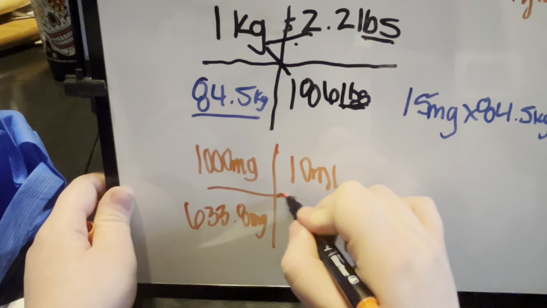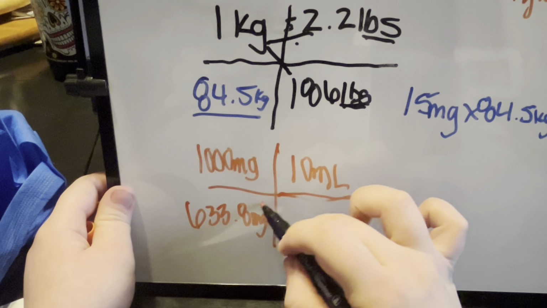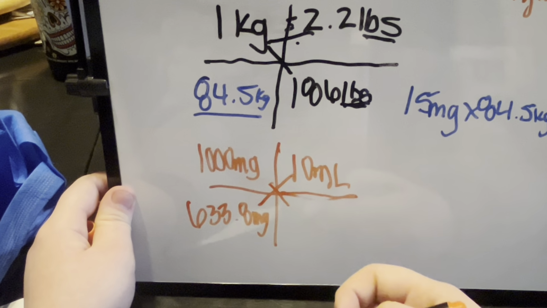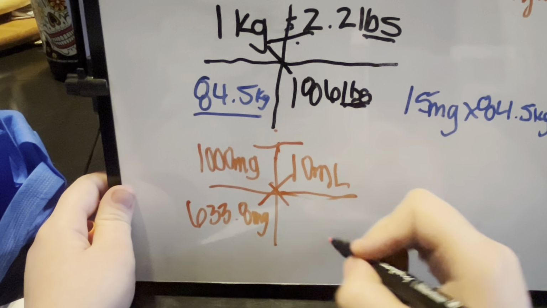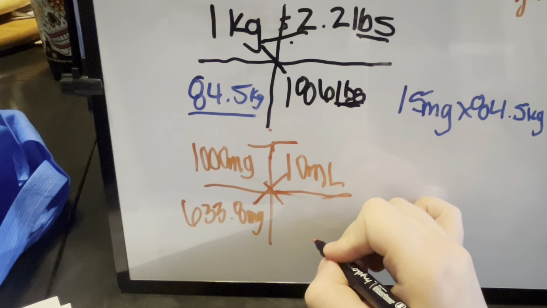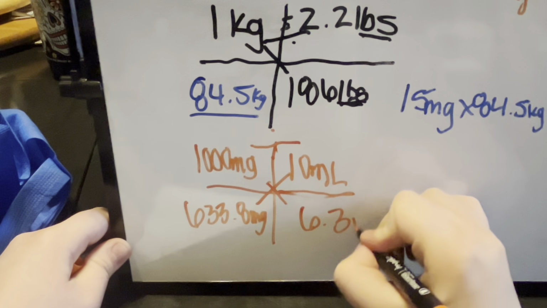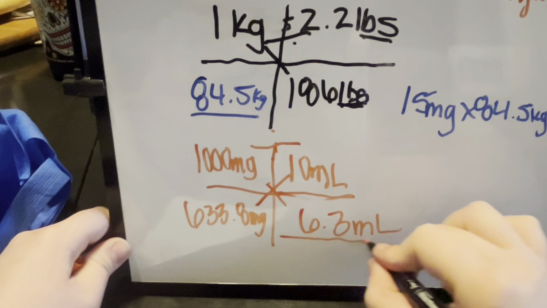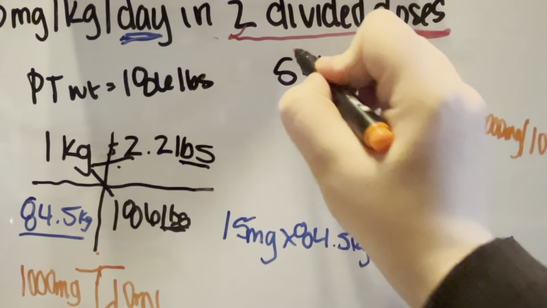So once we have our box fully set up, we're simply just going to cross multiply. And then we're going to divide. And that will give us 6.3 milliliters. And now we know this is how much that we want of our stock.